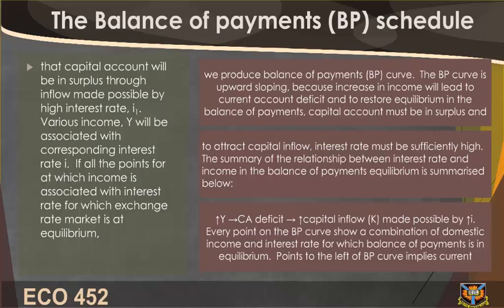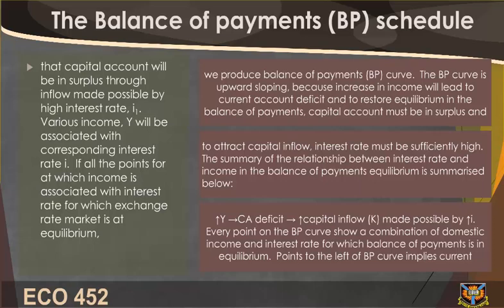The summary of the relationship between interest rate and income in the balance of payments equilibrium is below: Y up implies CA deficit, implies K capital inflow up, made possible by I up.